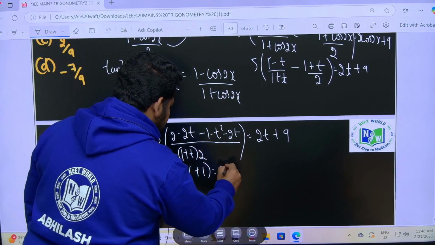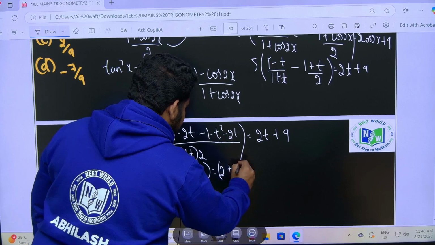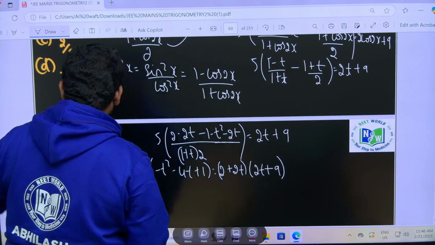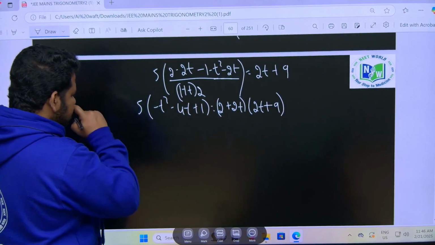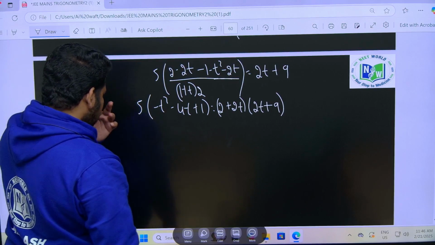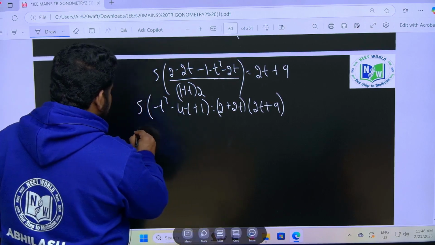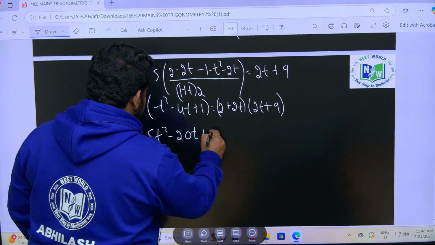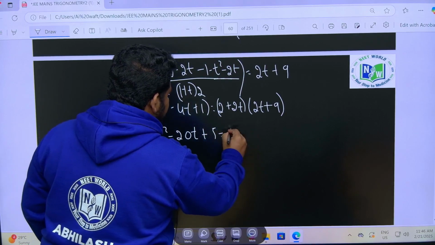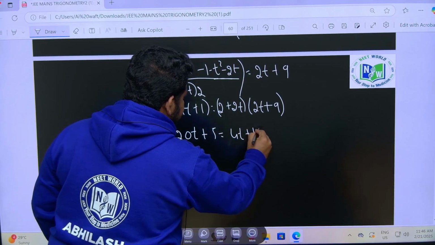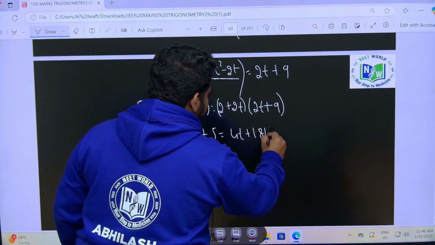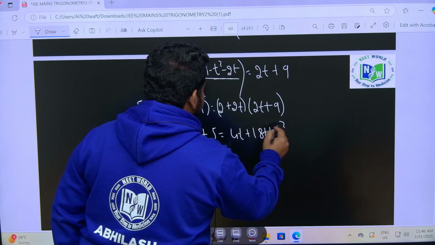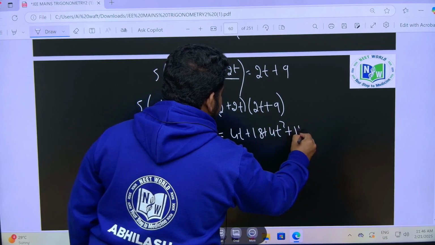So this is 2 plus 2t into 2t plus 9. If you solve this, you will get the equation as minus 5t square minus 5 4s are 20 plus 5 is equal to 4t plus 9 2s are 18, plus 4t square plus 18t.